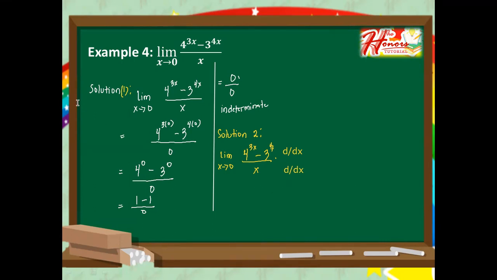So let's solve for its derivative. So this will be 4 raised to 3x times the coefficient of x, so that is 3.